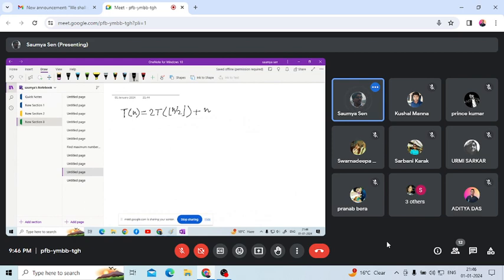Floor means the highest integer less than that number. Floor of 4.5 is equal to 4. Floor of 2.732 is equal to 2, and so on.